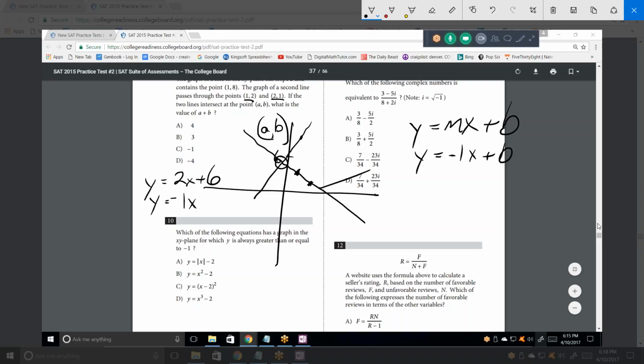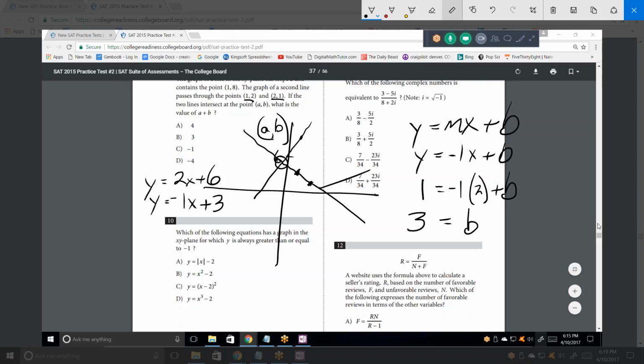In other words, the y-coordinate is 1, the x-coordinate is 2. That's going to give you the same b as if I'd picked the other point. B is 3. So the equation of the second line is minus x plus 3.